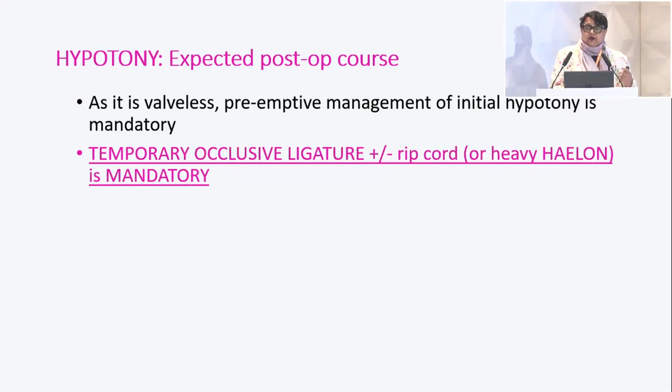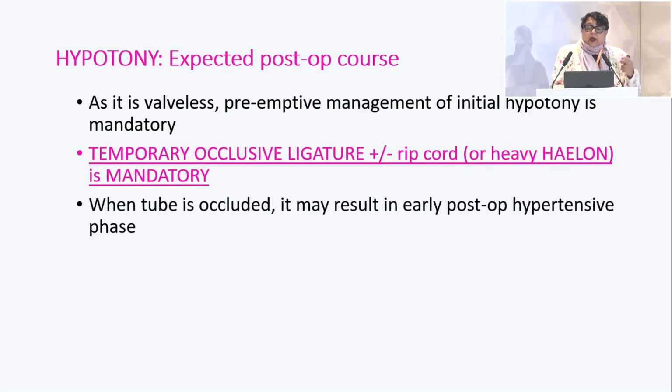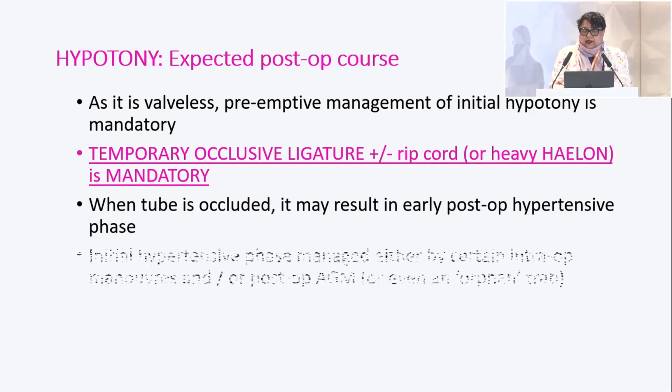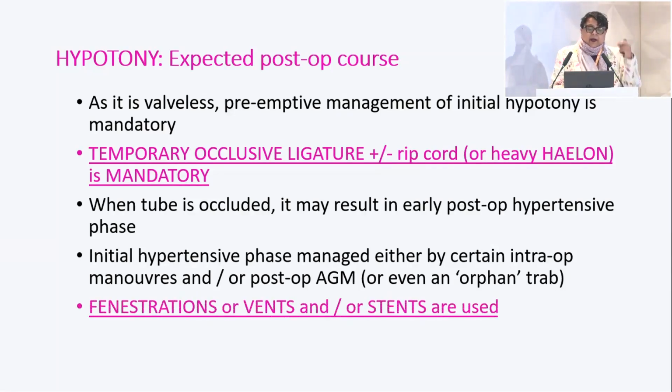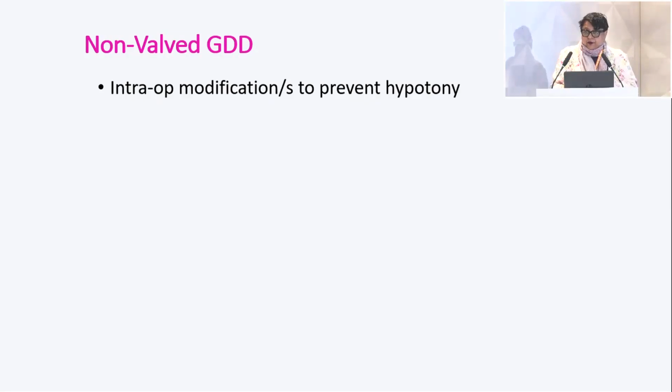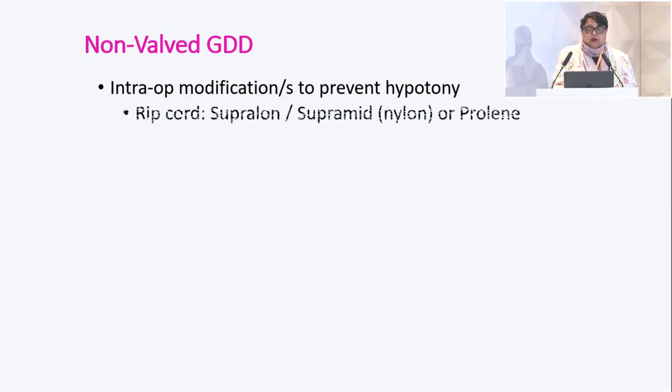How can you do that? You do it with temporary occlusive ligatures. You use ripcord. I use ripcord all the time now. When the tube is occluded, it results in an early post-operative hypertensive phase. This is temporary. Okay, this also can be managed. So I'll just list out a few procedures and then we'll see how they can be done.